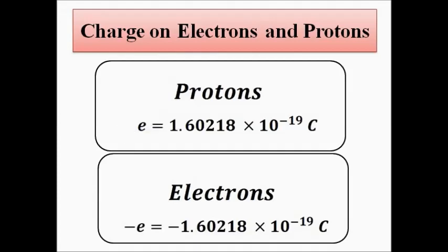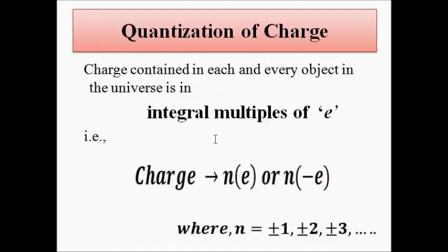So there will always be charge present in each object in terms of n e, n multiplied with this standard electronic charge, where n is any integer: plus minus 1, plus minus 2, plus minus 3.